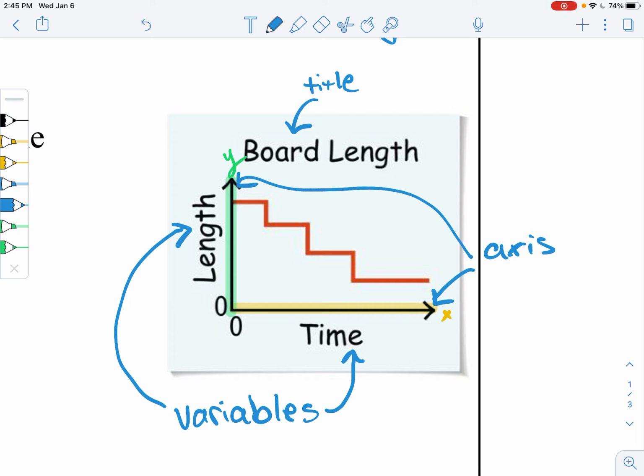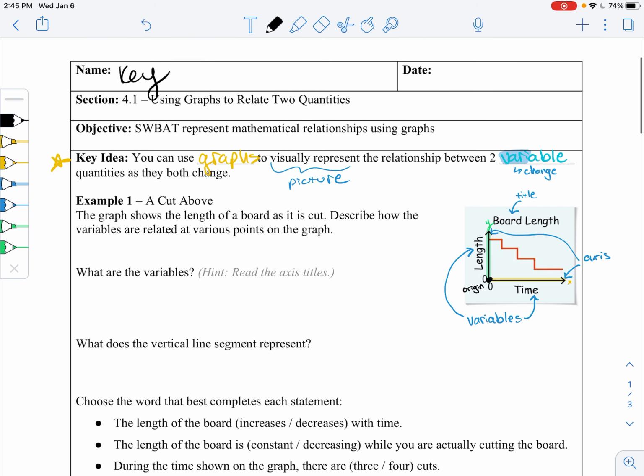And then also remember to start at the origin. It's always 0, 0. Where everything extends from, it's the origin. Okay. So the variables here, the two axis titles, our variables are time and length.